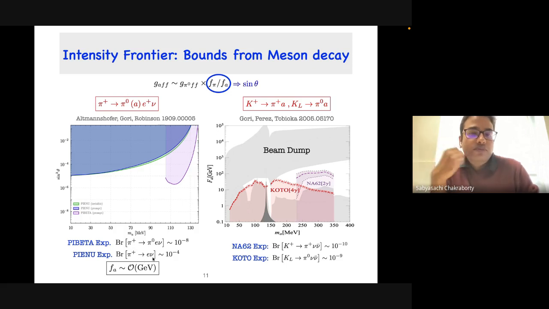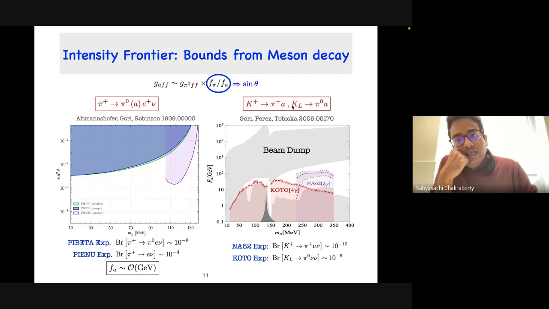Therefore, you can use these experiments to probe the axion parameter space. But as you can see, the bounds on the mixing angle are not that great. It's around 10 to the power minus 4 to minus 5, which can be translated to a bound on Fa, because sine theta is 10 to the power minus 4, 5, minus 2 or whatever. And it turns out that Fa can only be constrained up to a few GeV, which is not that great.